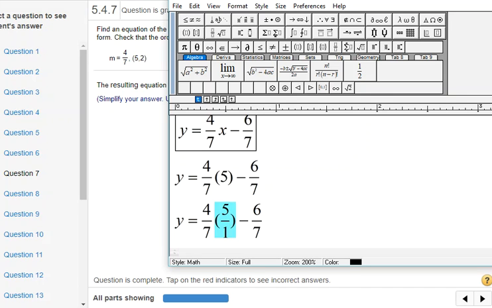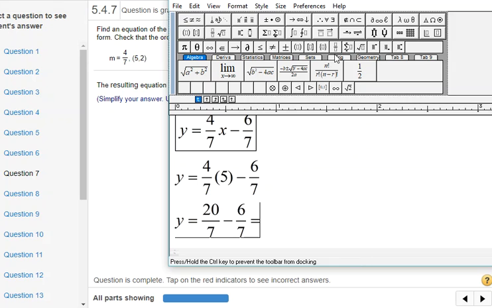So when I multiply these together, 5 times 4 is 20, 7 times 1 is 7, so 20/7. 20/7 minus 6/7 is 14/7. And then I know that 14 divided by 7 is 2, so I do have the desired y value, so it checks. So that was the correct answer.